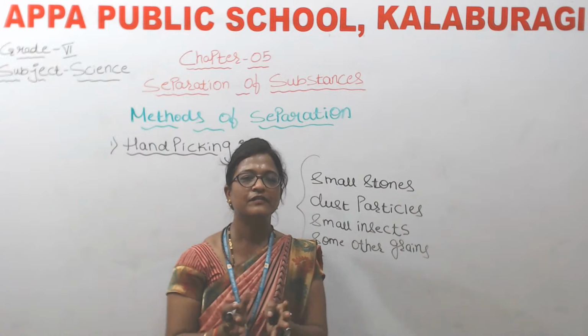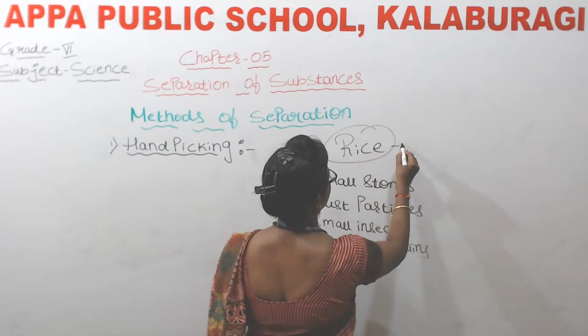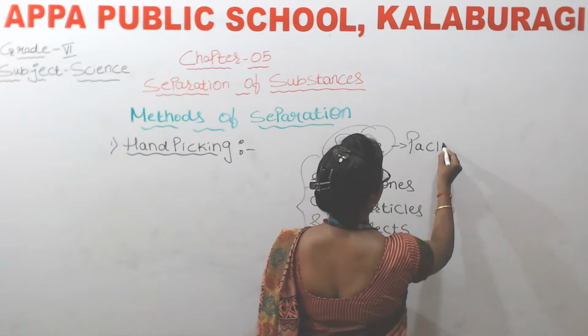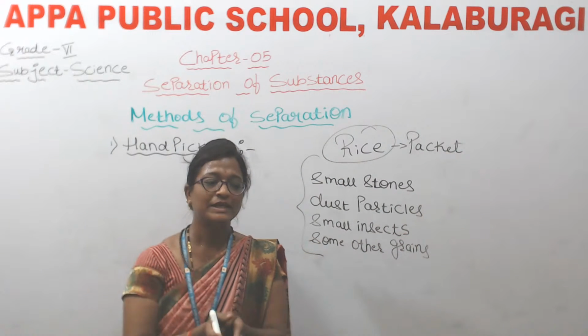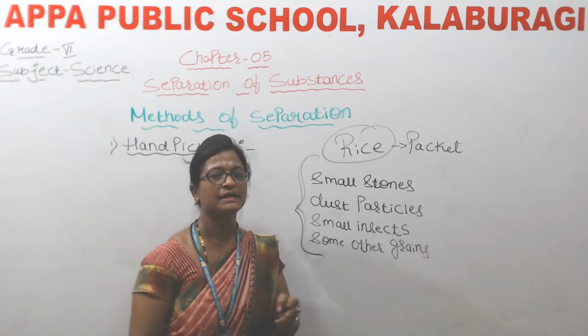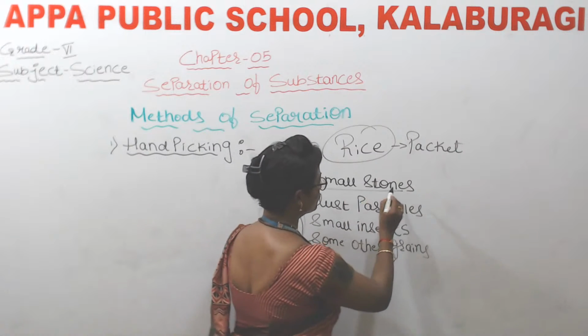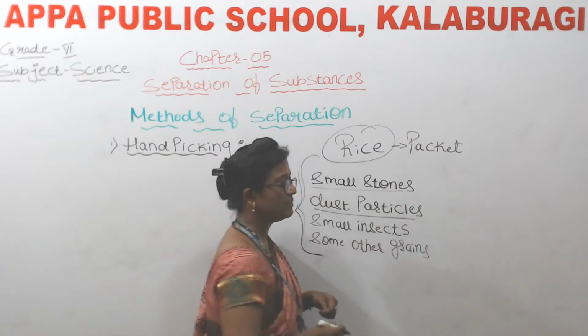So these might all be present in the packet of grains or pulses which you brought from market. Now we will take the example of rice. So we'll take a packet of rice. In that rice, these will all be present. Small stones will be present in the raw rice. Dust particles will be present.